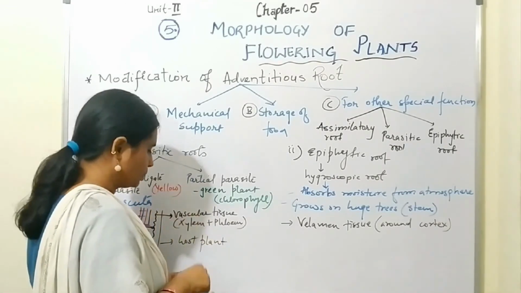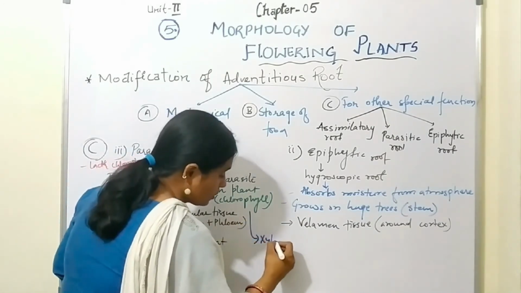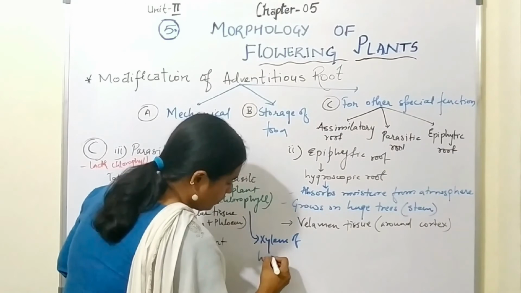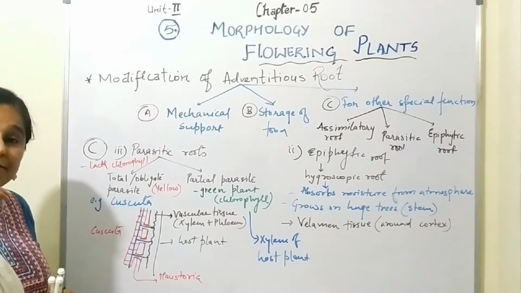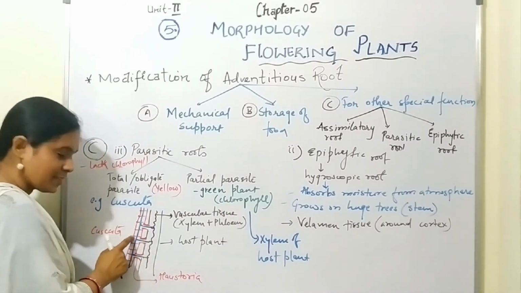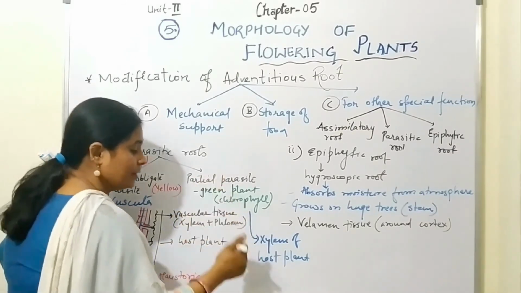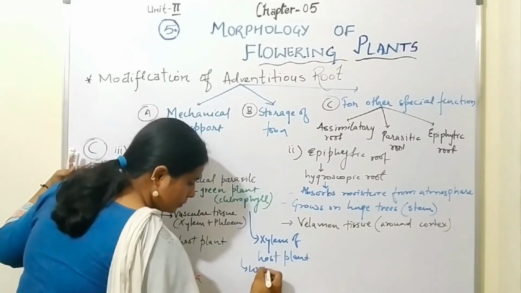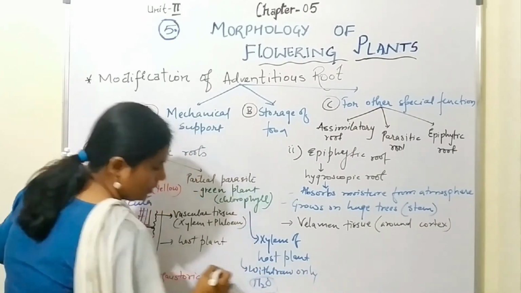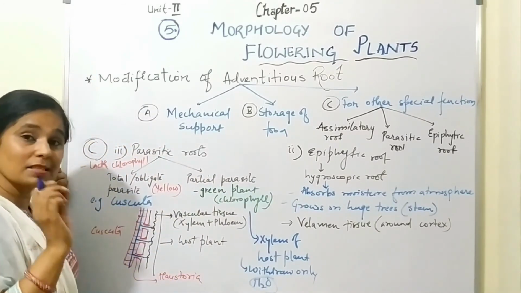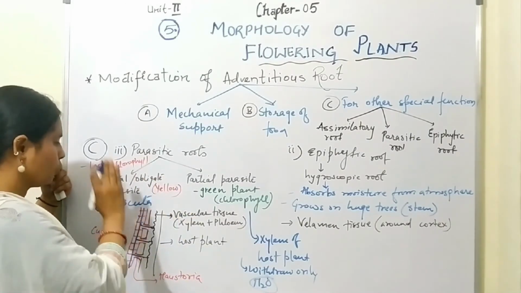One more thing, in this case they will make a connection only through the xylem of the host plant. Just remember this. In total parasite, there is a connection between xylem and phloem of both parasitic plant as well as host plant. But in case of partial parasite, they withdraw only water, so there will be connection through the xylem only. This is the difference between partial parasite and total parasite.